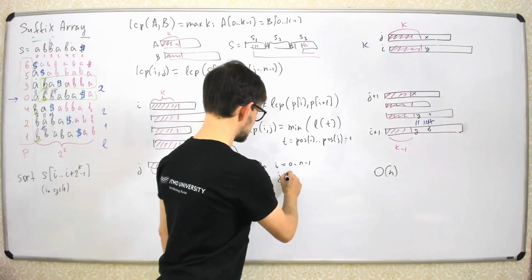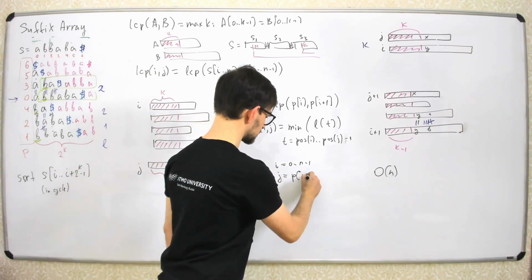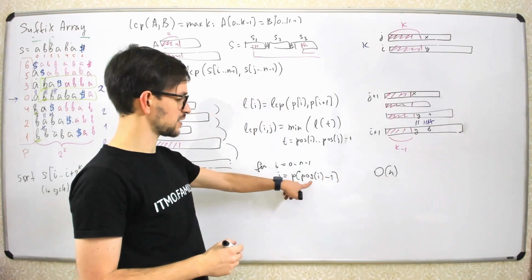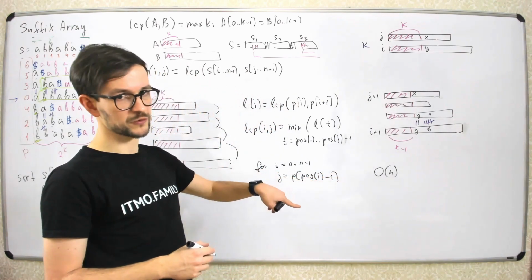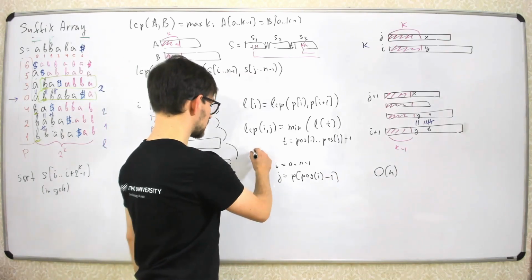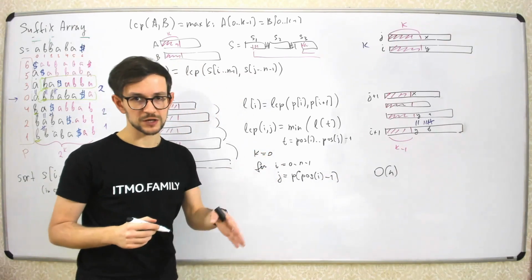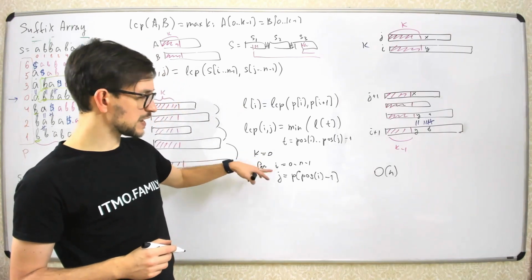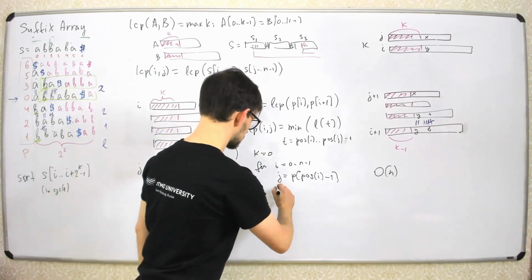So suffix j is the suffix in the position previous to i. So I need to find suffix i, then find the previous suffix. j is the index of the previous suffix. Now k equals 0. So k is the number of characters I already know are equal. Now I just increase this k until I find different characters.